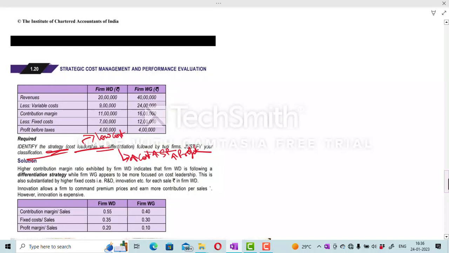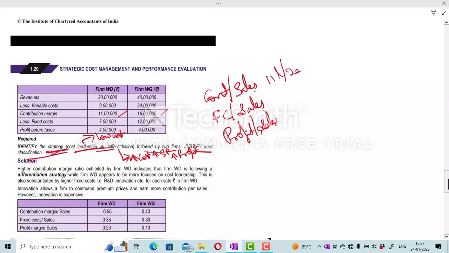See, we cannot decide here by seeing that 11 lakhs is lower than 16 lakhs. We need to calculate contribution per sale, fixed cost per sale, profit per sale. It means contribution is 11 lakhs divided by 20 lakhs, it will give you 55%.